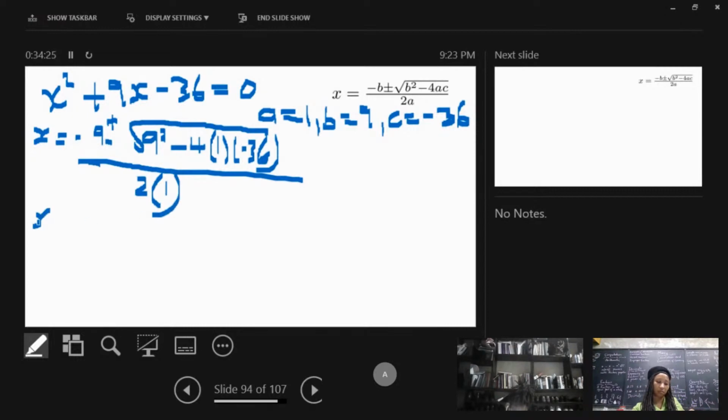X is equal to negative 9 plus or minus the square root of 81.